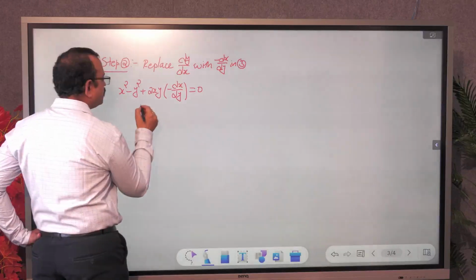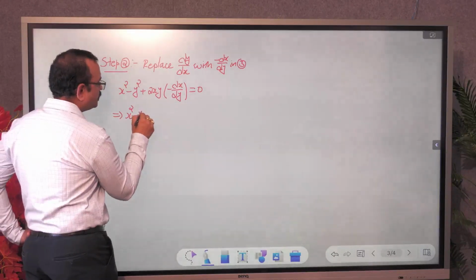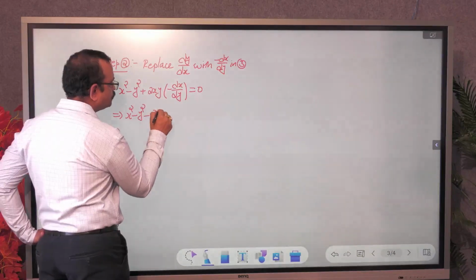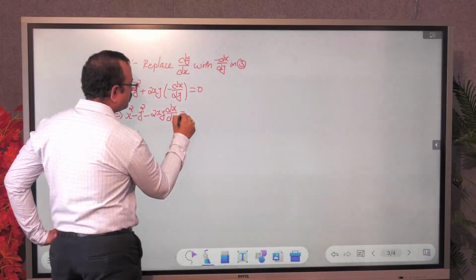Then once again we can simplify. We get x square minus y square minus 2xy into dx by dy is equal to 0.